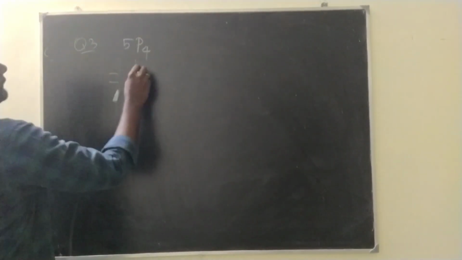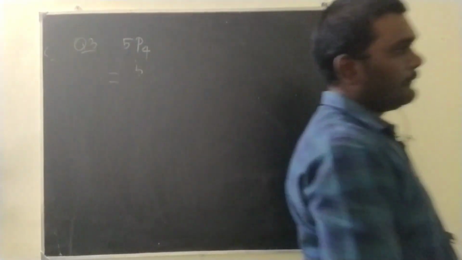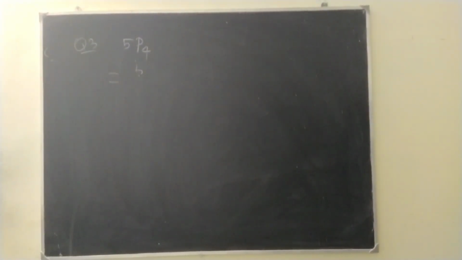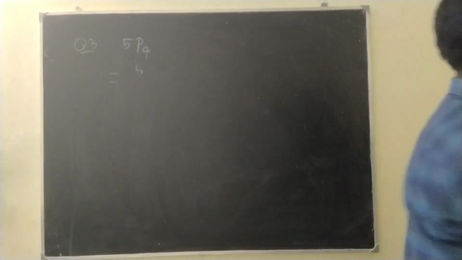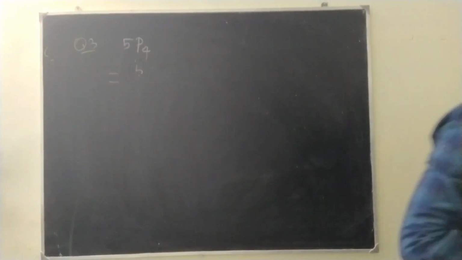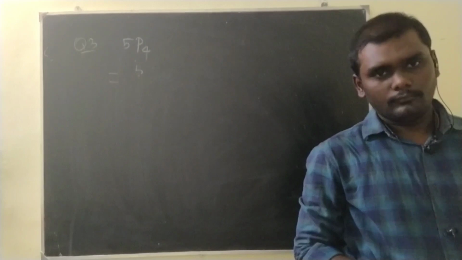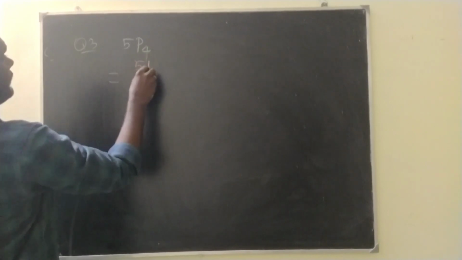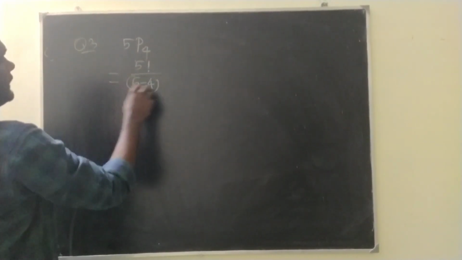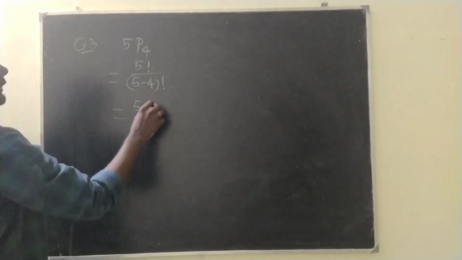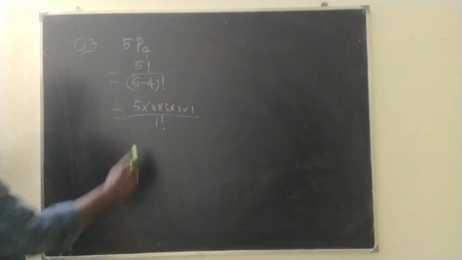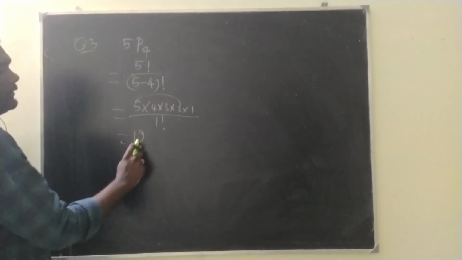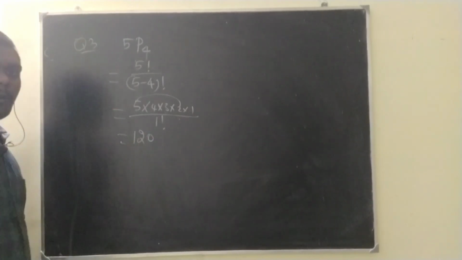The formula is 5 factorial by 5 minus 4 whole factorial. 5 factorial is 5 into 4 into 3 into 2 into 1 divided by 1 factorial. When we multiply all this, 5 2s are 10, 4 3s are 12, then 120.